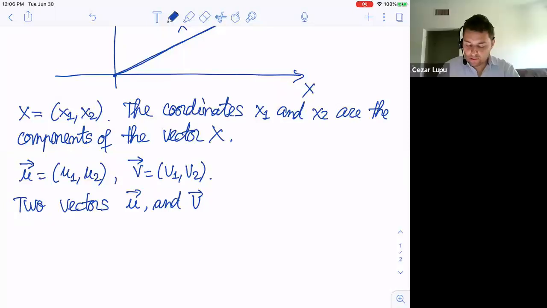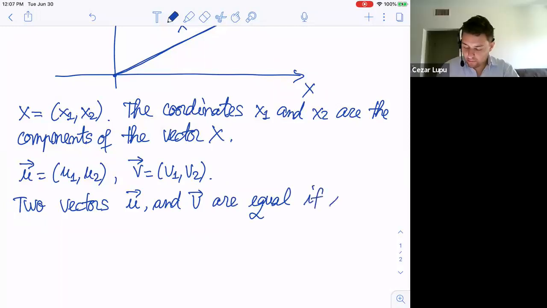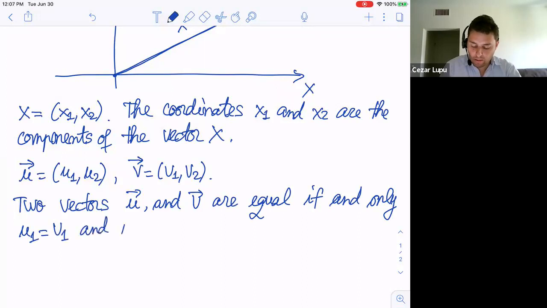So two vectors u and v are equal if and only if their components are equal. For example, you have u1 equals v1 and u2 equals v2. Right?